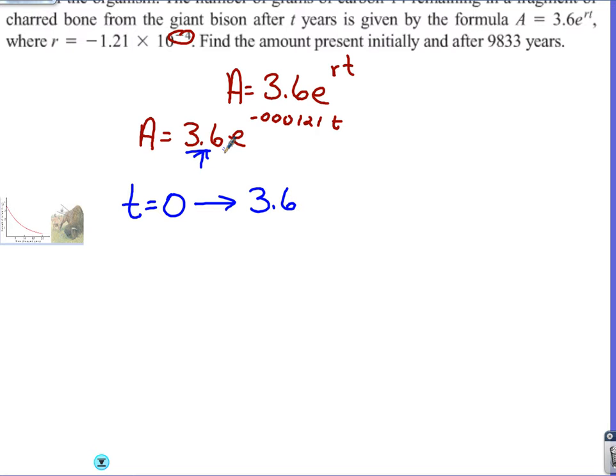So that's how much we start with, and then after 9,833 years we end up with how much? We're just plugging that in for T. That's all you're doing on these problems.